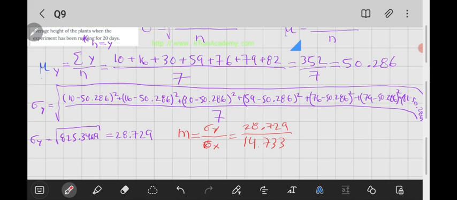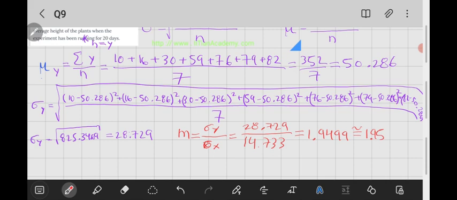And then we could plug this into our calculator to find that our slope for this line is about 1.9499, which we can round up to be 1.95.